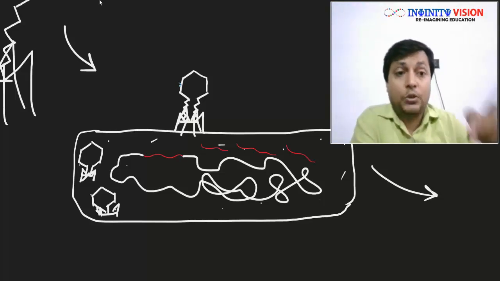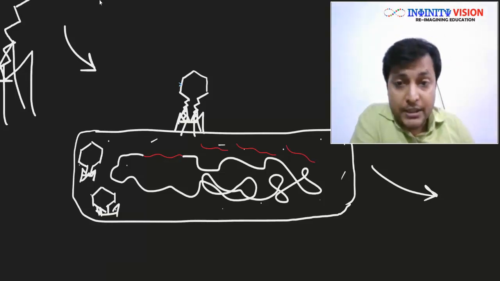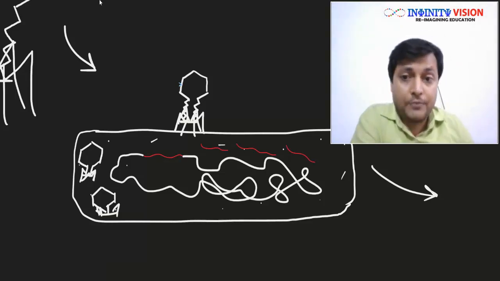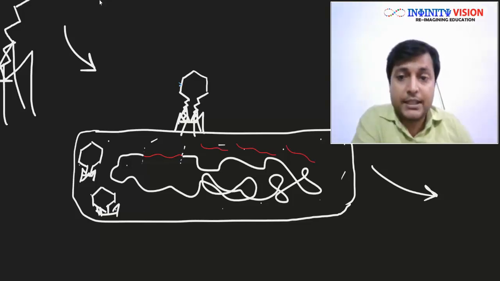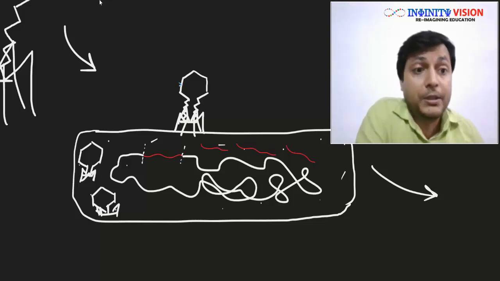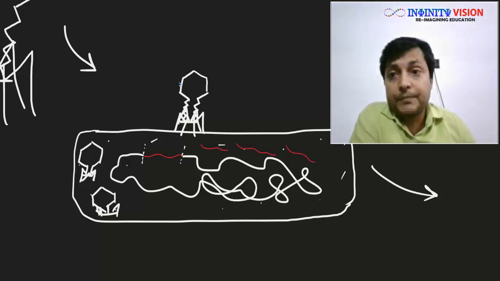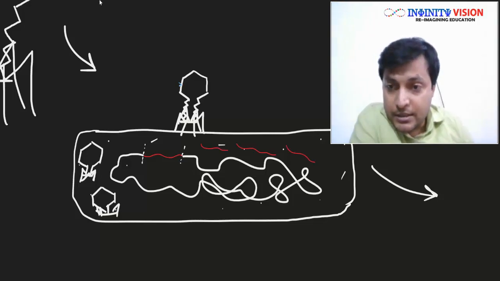Now the crucial step is here. Many times, when this new viral DNA is formed, it has to be split precisely from this side. This is what has to be done, correct? But because of some errors, many times it gets split at this end, or maybe this end.